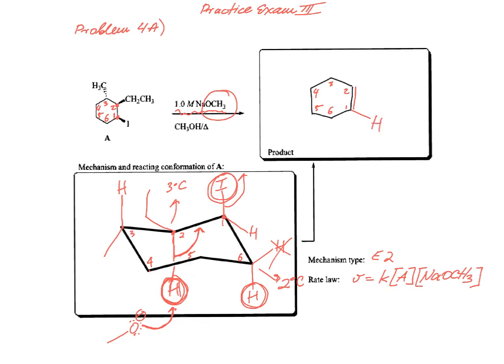Carbon number 2, I have ethyl group, and hydrogen is gone. That's the hydrogen we removed. Ethyl group, notice that I'm not drawing it as a wedged or hashed bond because carbon 2 and carbon atom number 1 changed their hybridization from sp3 to sp2. The molecular geometry now is trigonal planar.